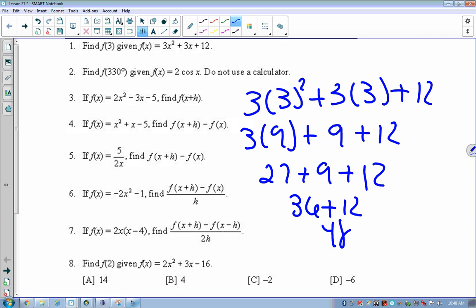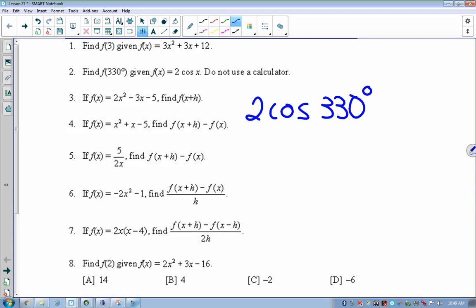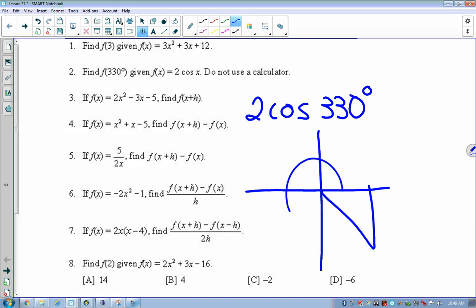Okay, question number 2 says find f of 330 degrees given f of x equals 2 cosine x. So we're putting in 330 degrees for x, so 2 times cosine of 330 degrees. 330 degrees is right here because it's a positive degree. Going around to 330 means my reference angle is 30.